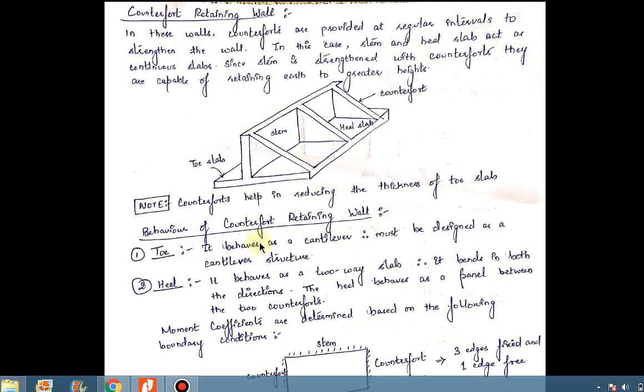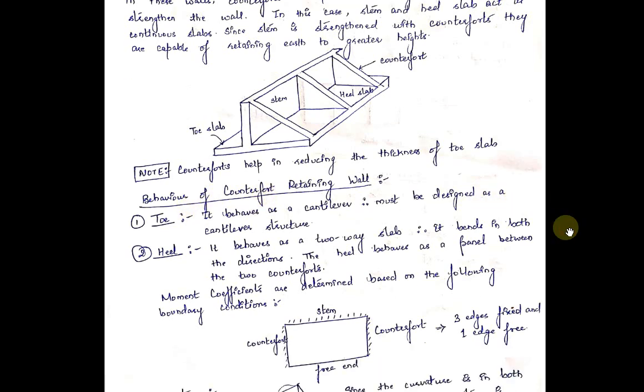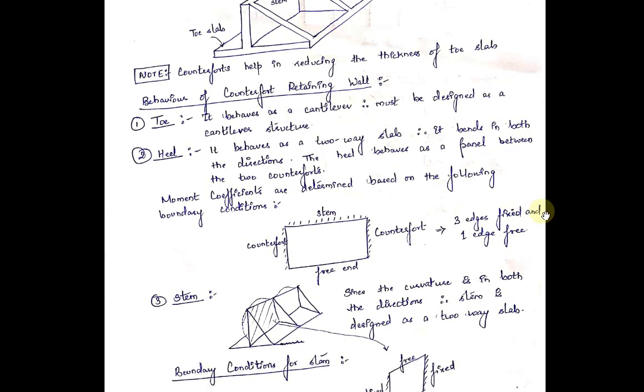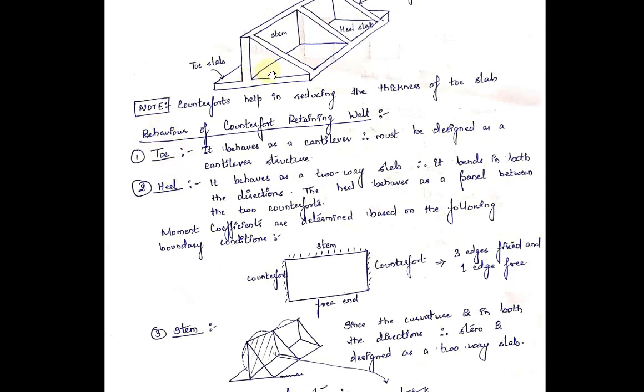Now let us see the behavior of the counterfort retaining wall. See, so let us first discuss the behavior of the toe. See, the toe, this part which is not subsided under the earth, it behaves as a cantilever.